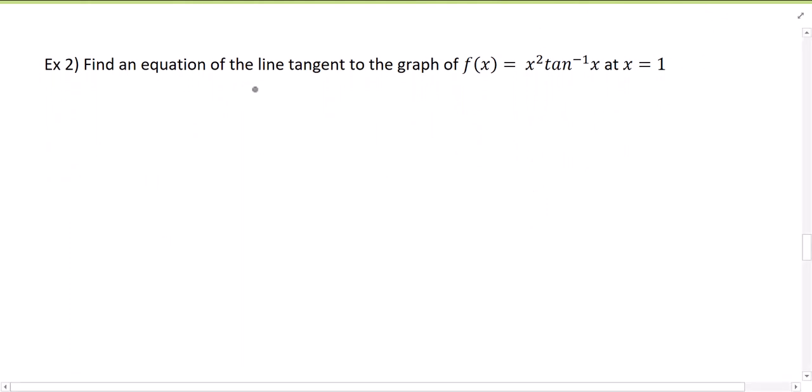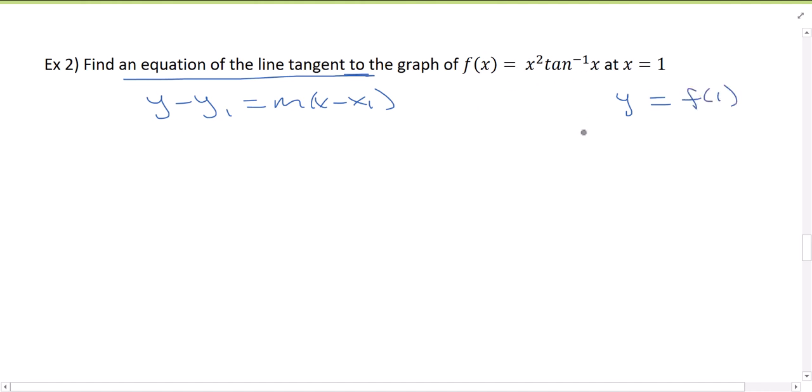So finding the equation of a tangent line, we should by now be pretty good about those. I seem to be asking them quite a bit. So find an equation of the line tangent to a curve means you want to be able to use your point slope form and put in the point. So x equals 1, so find the y value and we need to find the slope. When x is 1, plug in 1 there.